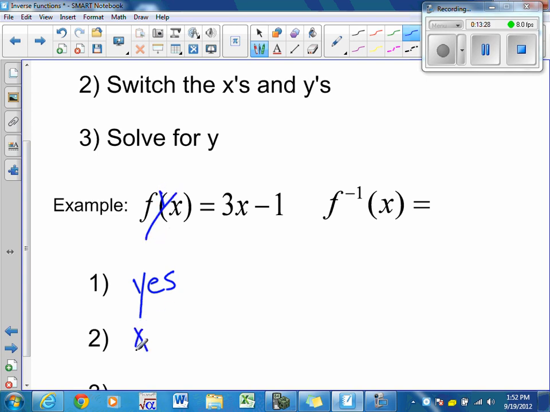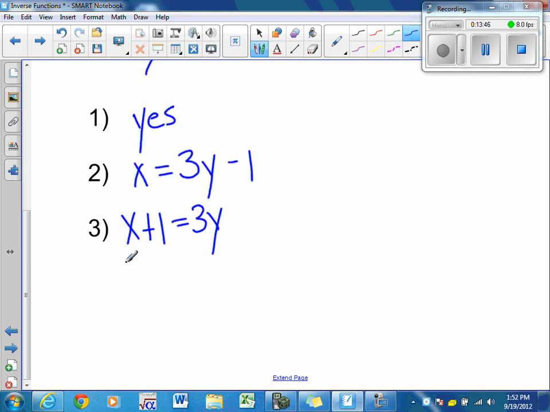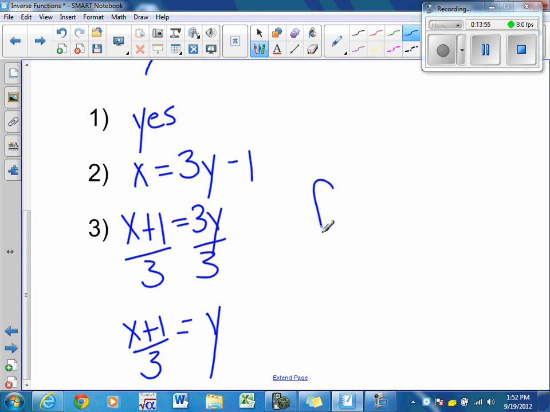So we'll switch our x's and y's and get x equals 3y minus 1. And the third step, this is the hardest one, solve for y. So I solve for y. I add 1 to both sides. Divide both sides by 3. And I get x plus 1 over 3. So my inverse is x plus 1 over 3.